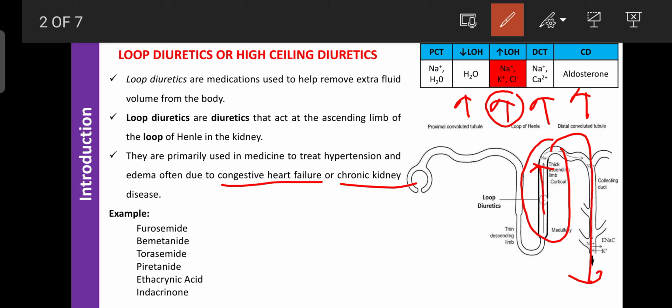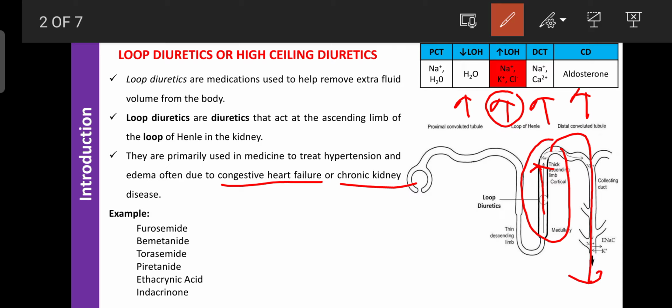In the case of nephrotoxicity, the kidney cannot do its function much, so the body volume increases, which can be responsible for causing heart attack. In those cases, doctors use loop diuretics, or high ceiling diuretics, to enhance the excretion of the excess body fluid or body volume along with the electrolytes.